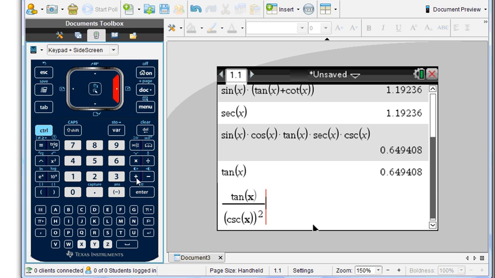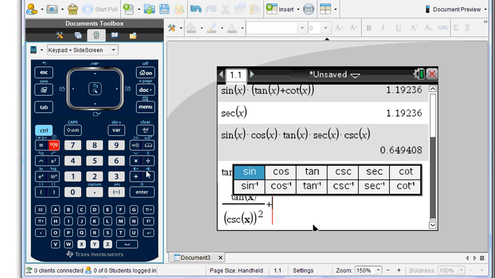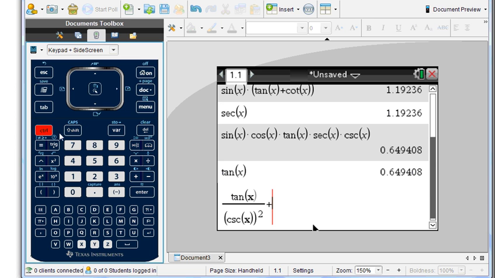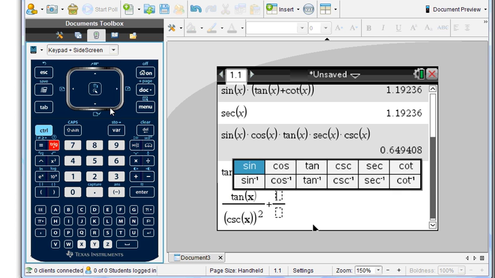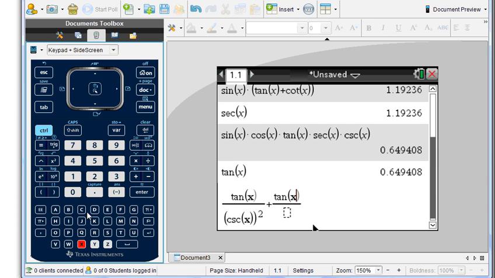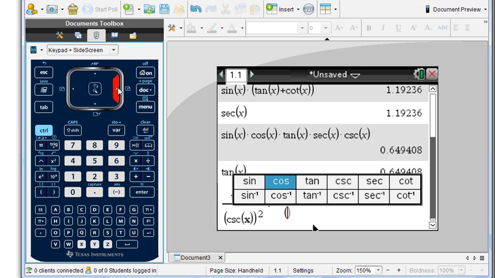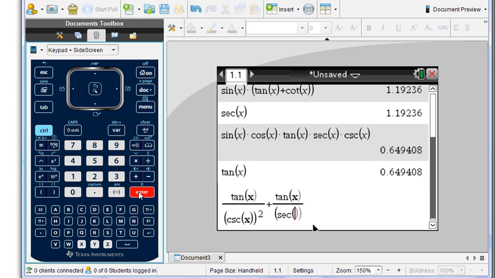And we're going to add, get our fraction here, tangent x over secant squared x. Open parentheses, get the secant x.